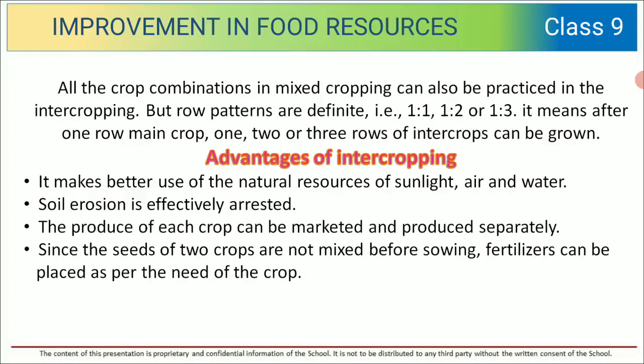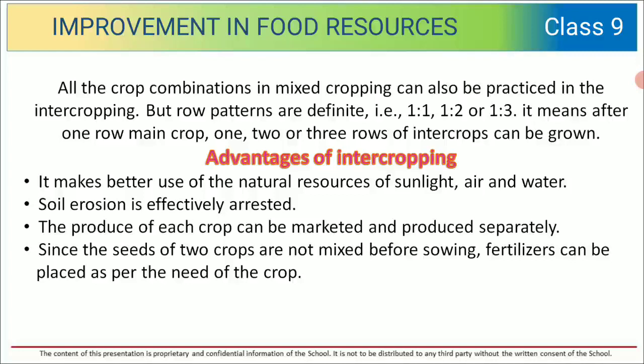All the crop combinations in mixed cropping can also be practiced in intercropping, but the row patterns are definite: 1:1, 1:2, or 1:3. It means after one row of the main crop, 1, 2, or 3 rows of intercrops can be grown.